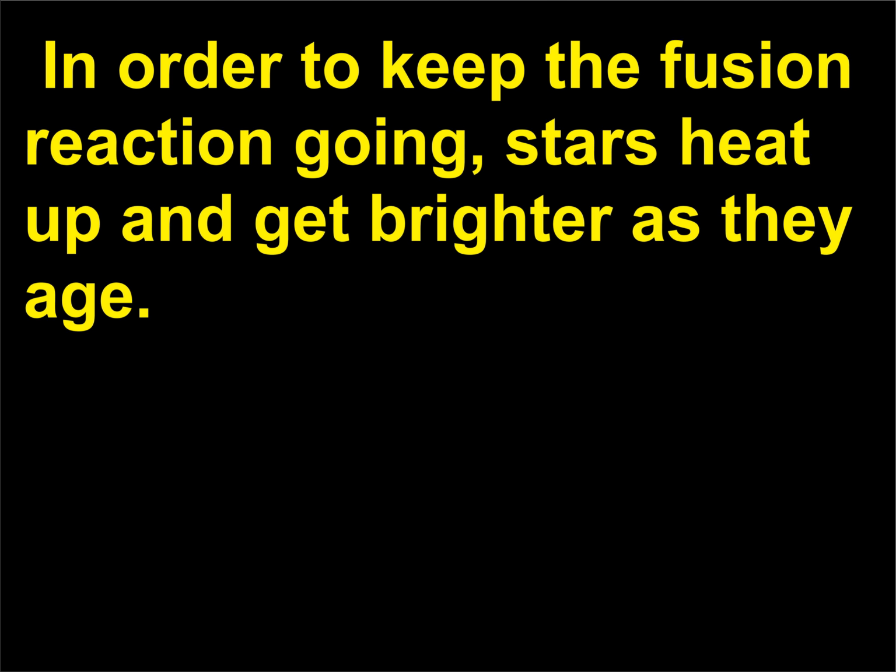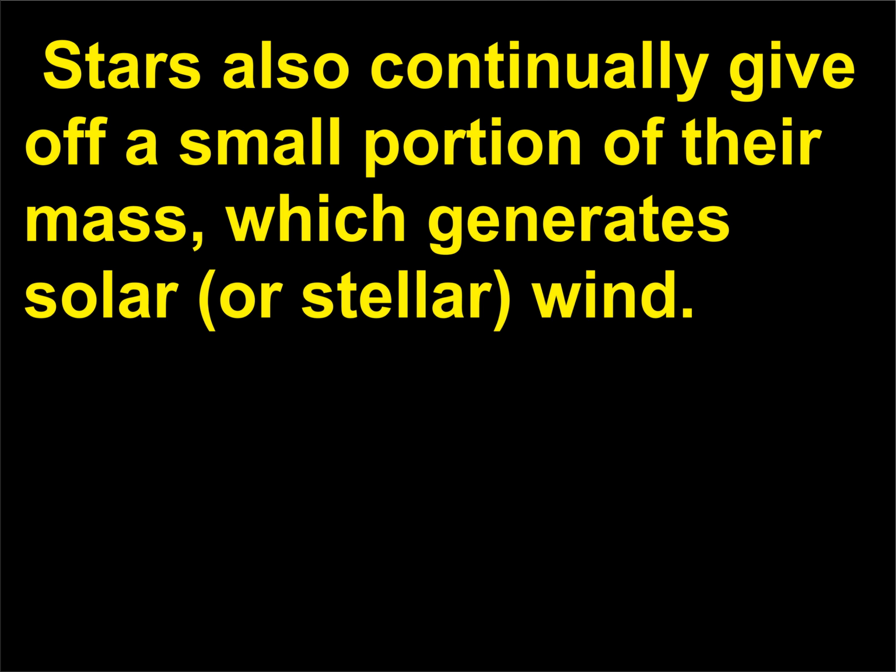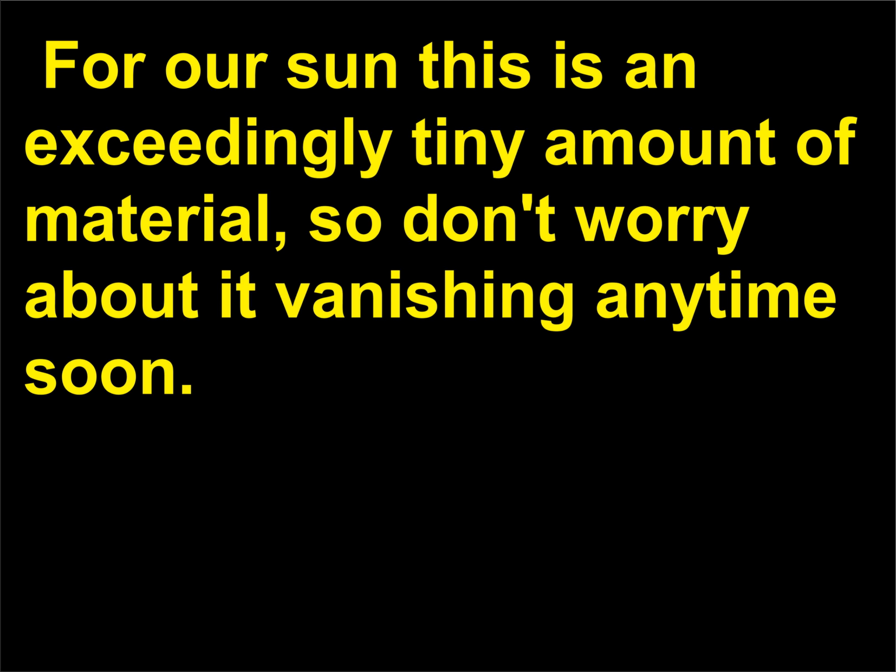In order to keep the fusion reaction going, stars heat up and get brighter as they age. Stars also continually give off a small portion of their mass, which generates solar, or stellar, wind. For our Sun, this is an exceedingly tiny amount of material, so don't worry about it vanishing anytime soon.